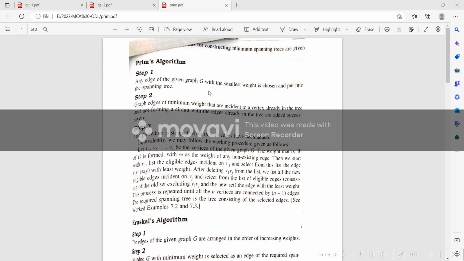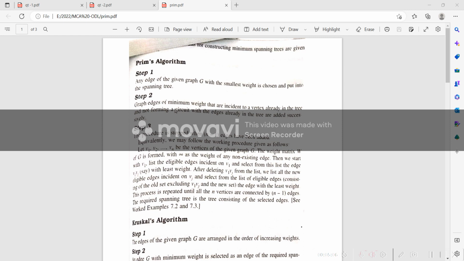All the edges starting from those two vertices, except the already selected edge, we have to consider. The remaining edges we should consider, and the edge with minimum weight is going to be selected for the next iteration.